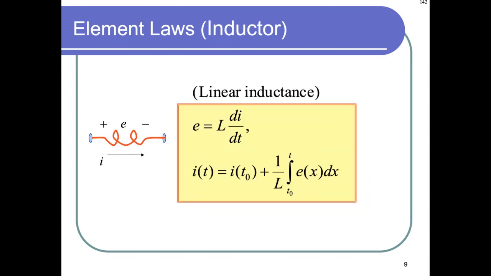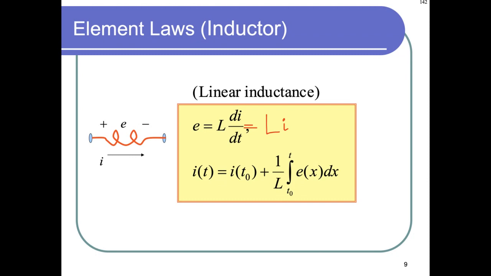Again, an inductor has a certain differential equation, in terms of the current I. The voltage across the inductor is L times I dot, or L I prime. It's the inductance multiplied by the derivative of the current through the inductor.